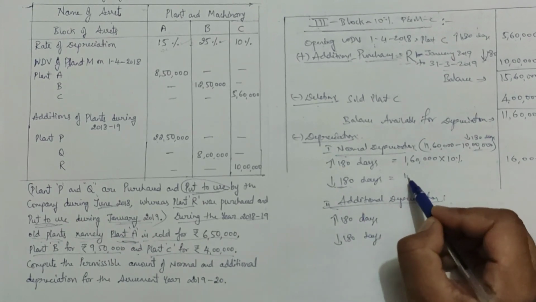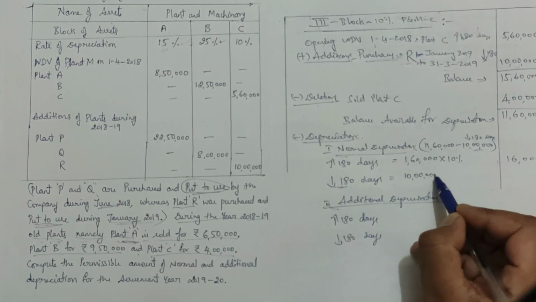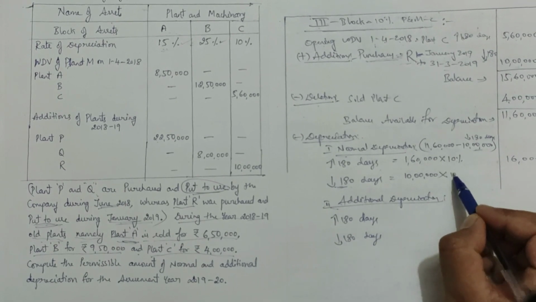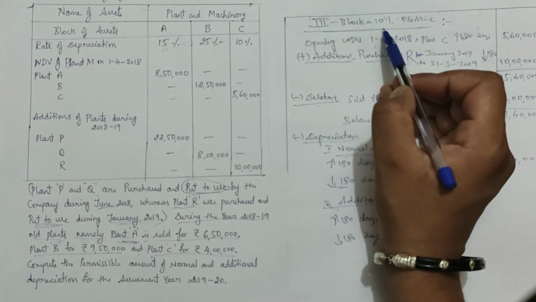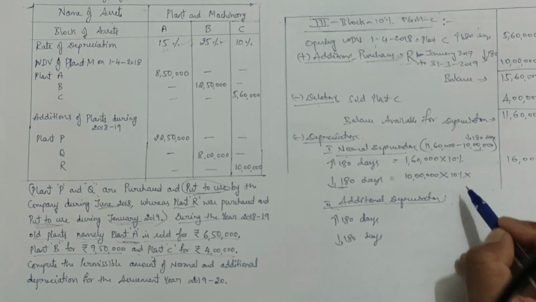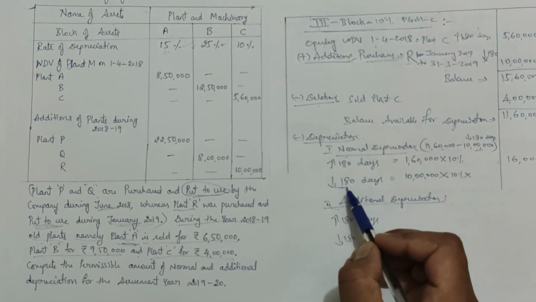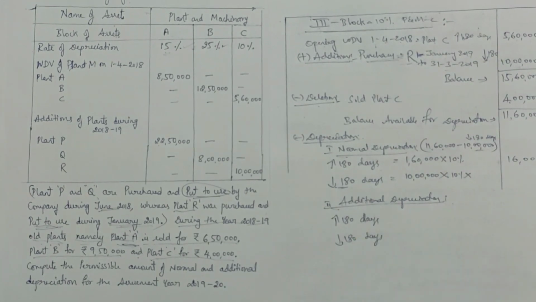Here we will take that value, 10 lakh into, what is the rate of depreciation here we have? 10% into, so here it is having less than 180 days. So we need to take only half of the depreciated value if any asset is used for less than 180 days. Clear?